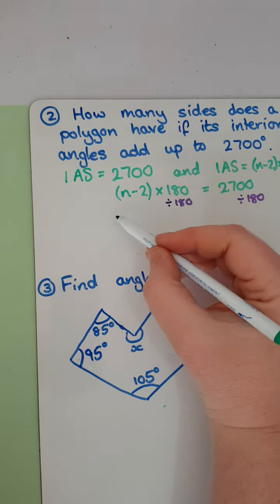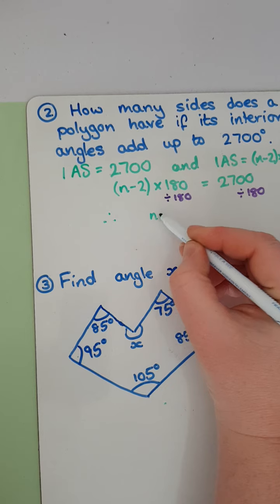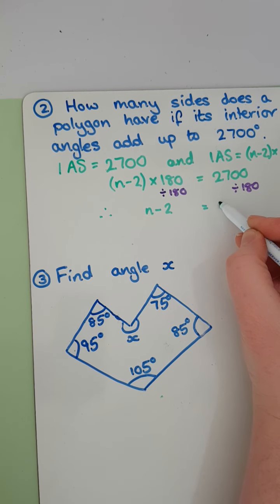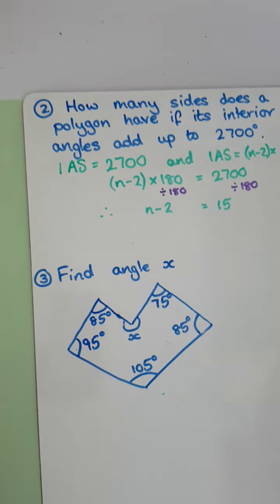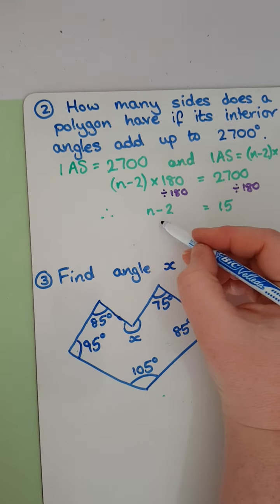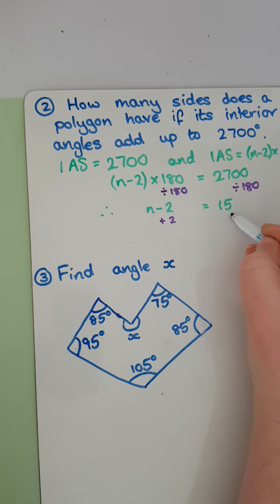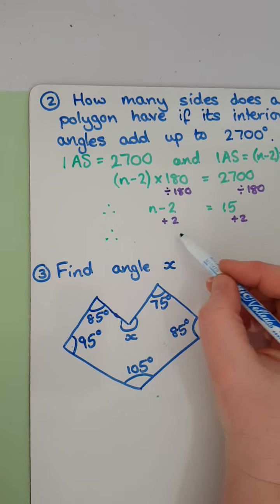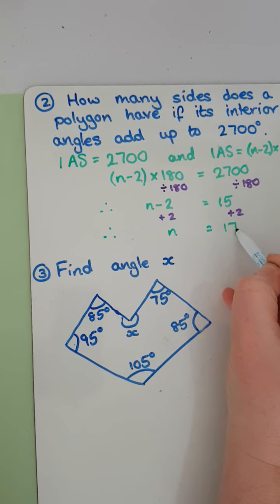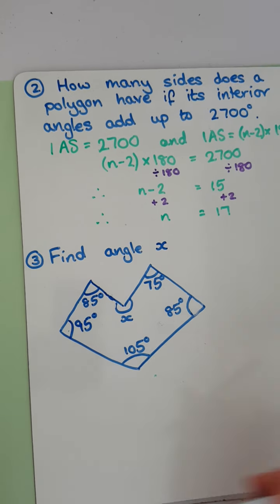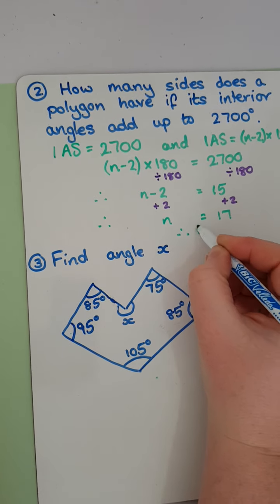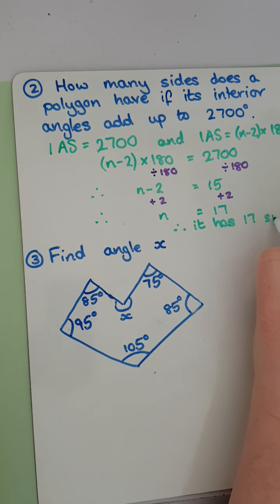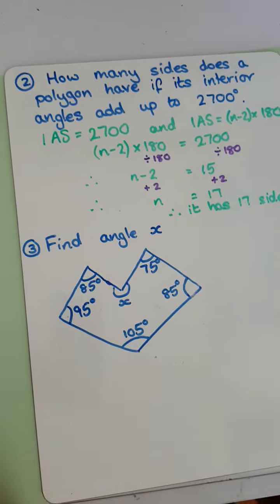And that's going to give me n take away 2 equals 15. I want to get n on its own, so I'm going to add 2 to both sides, and that's going to give me n equals 17. So I know that it has 17 sides. Finish it off by saying what you found out. It has 17 sides.